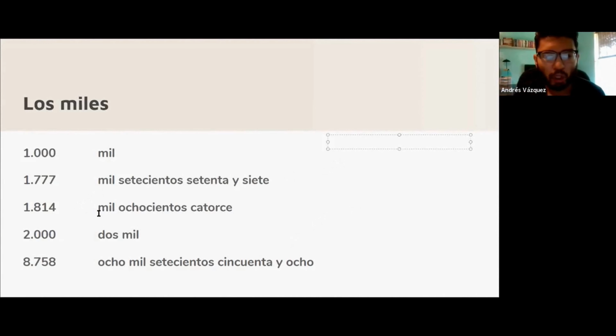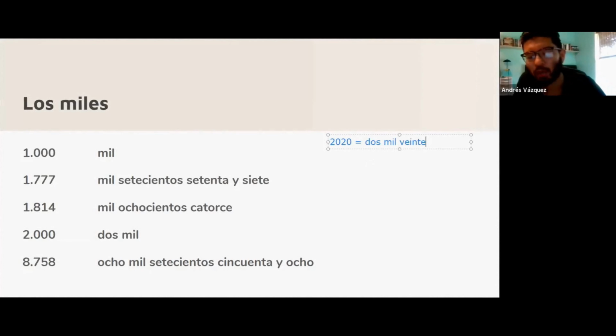Same thing again for 1814, 2000, 8758. This perhaps will be more useful when we talk about years, no? When we talk about history, things that happened in previous years, what is going on today. Año 2020, por ejemplo, we will spell it and pronounce it something like this, knowing that we have the thousands place.